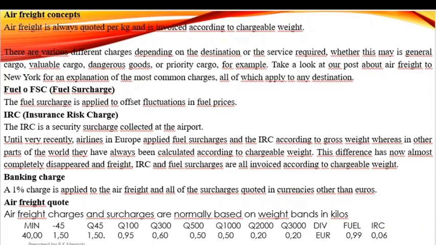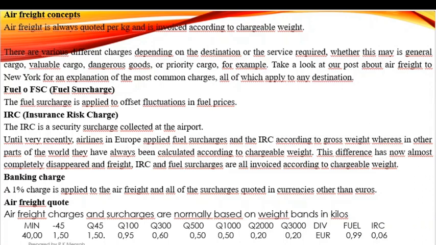You see minus 40. From there we go to 40. We go to 100. We go to 300. Then we have the minimum weight. If the item is 40 kilos, we are charging 1.5.